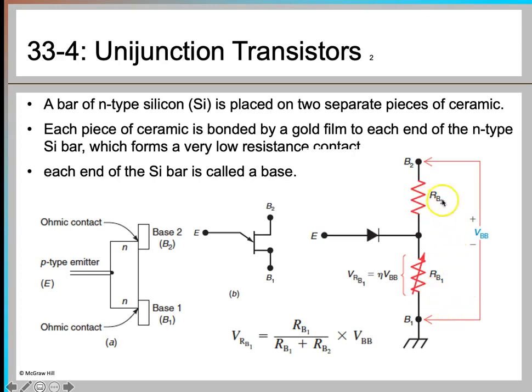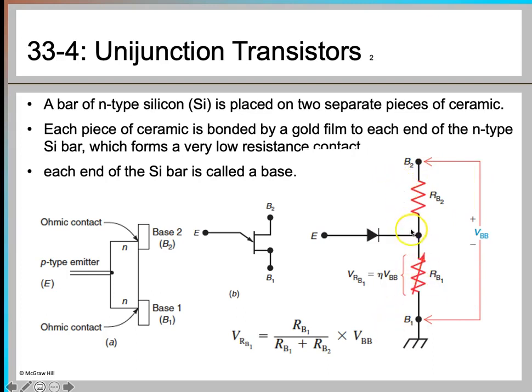And this total resistance will be equal to RBB only when the emitter current is 0. So when you have 0 emitter current flowing here, you will have just these two resistances connected in series, and the sum of that series resistance will be your RBB, called the interbase resistance.